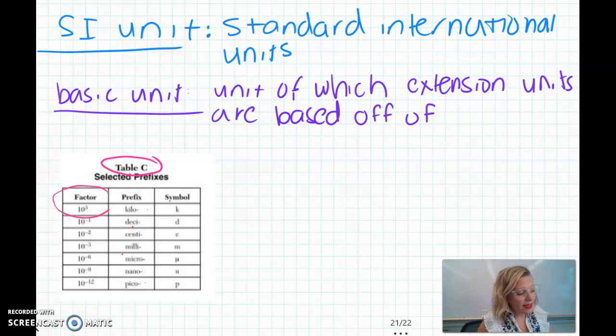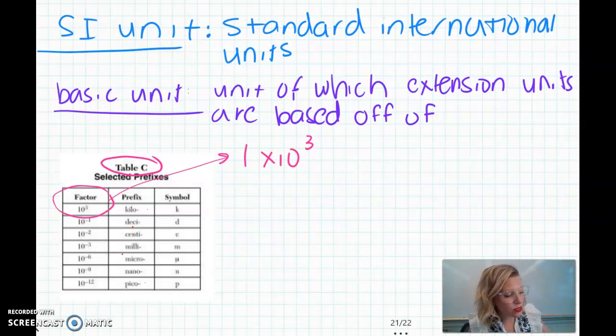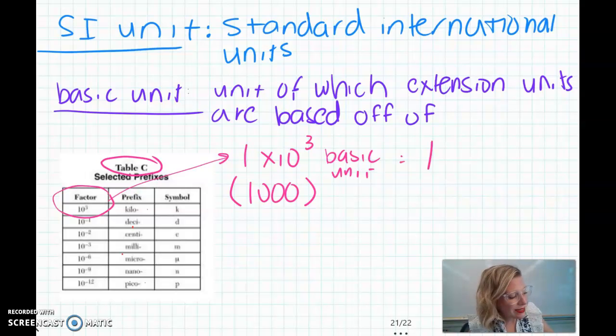We're given a factor, and that factor tells us how many of our basic unit is in our prefixed unit. What this means when I see 10 to the third is that I have 1 times 10 to the third, or if we convert that, 1,000 of our basic unit for every 1 kilo unit.